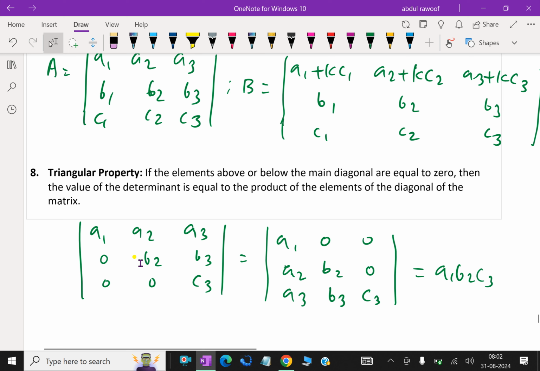That means this is the prime diagonal, A1, B2, C3. Here the downward triangle is 0. Even in the upside case, if the upside triangle above the prime diagonal has elements that are 0, then we can say the value is simply A1 into B2 into C3.